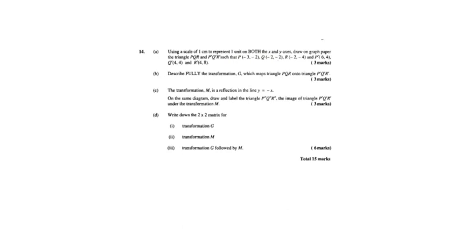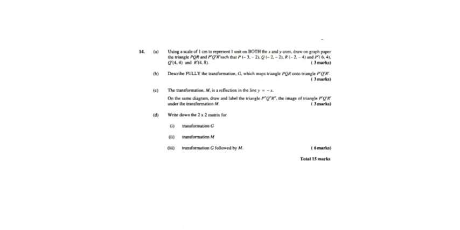So what they probably want to identify here is what type of transformation has occurred with this particular shape.